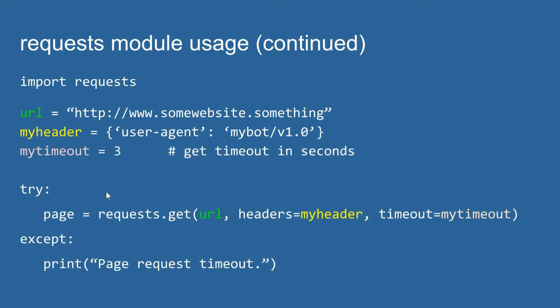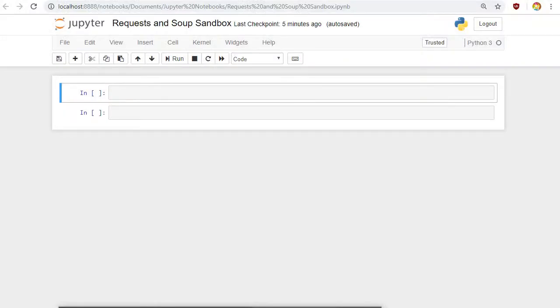This will either return a request object and the page was a success or some form of success, or maybe it times out and I will print that it was a timeout issue. Now the timeout returns an exception which will crash your program usually. So this is why I have this request inside a try block, and then I'm handling a possible exception with the except block.